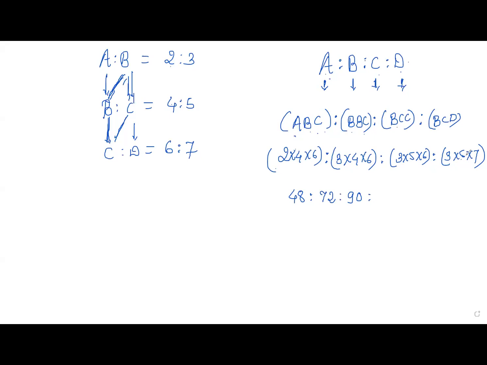And the last term, 105. Means A is to B is to C is to D will be 48 is to 72 is to 90 is to 105. If you can divide all these numbers by any one number, then you will get the proper ratio, if it is possible. If it is not possible to divide, then keep it as it is. Okay. The next example.